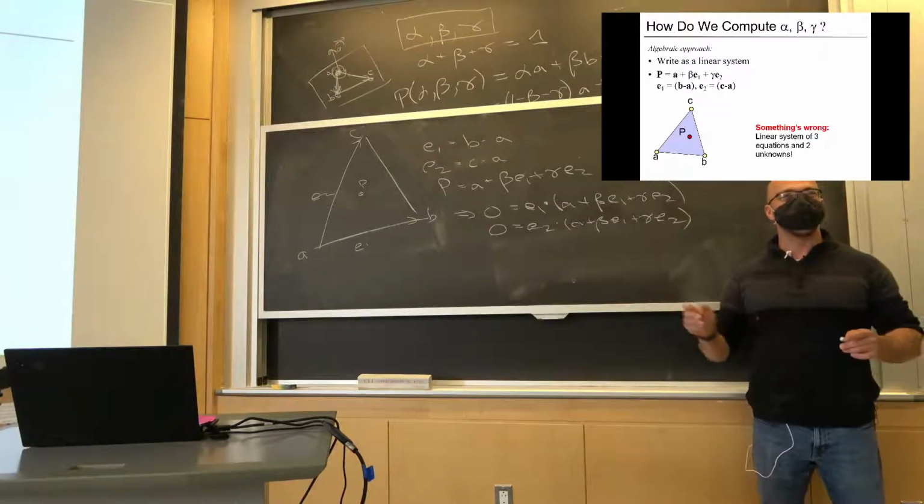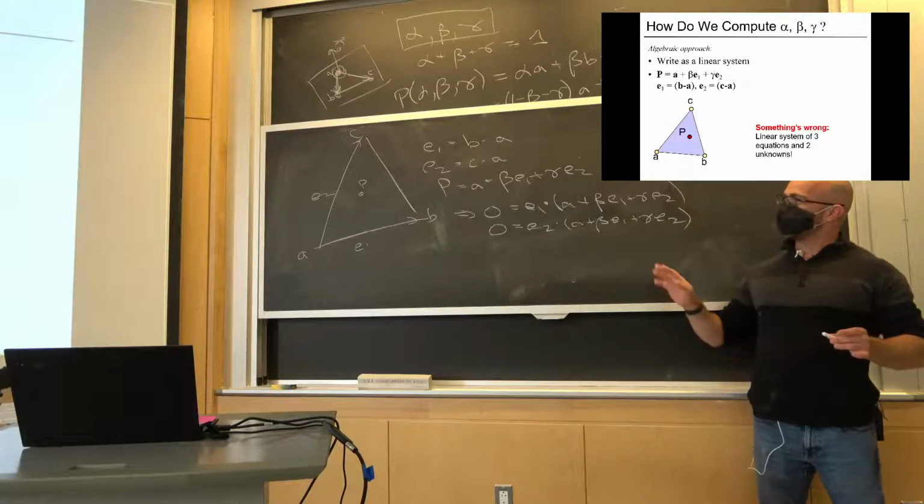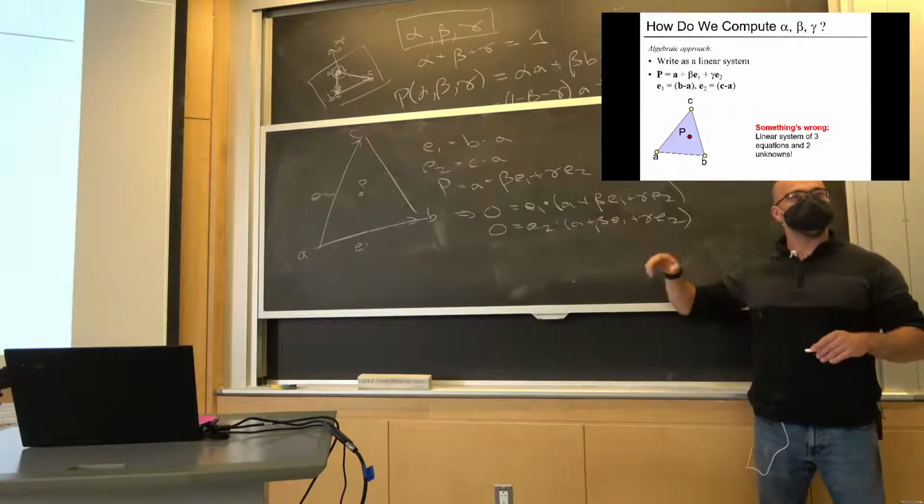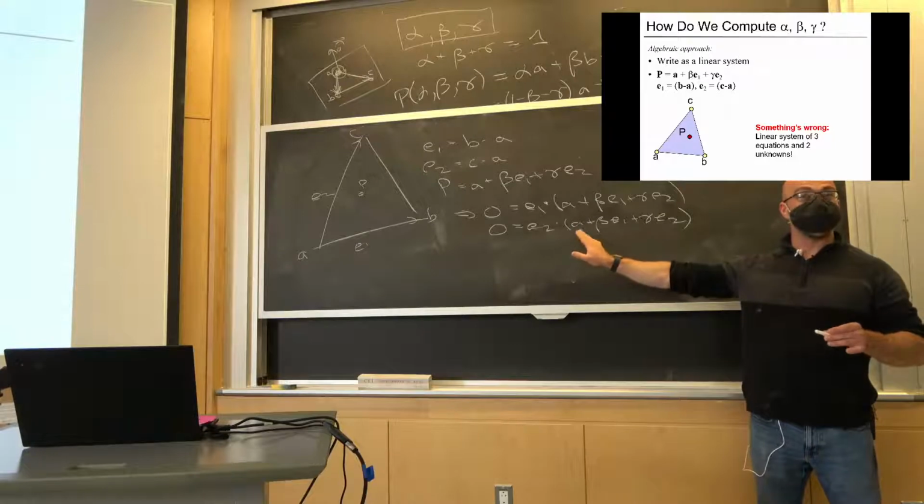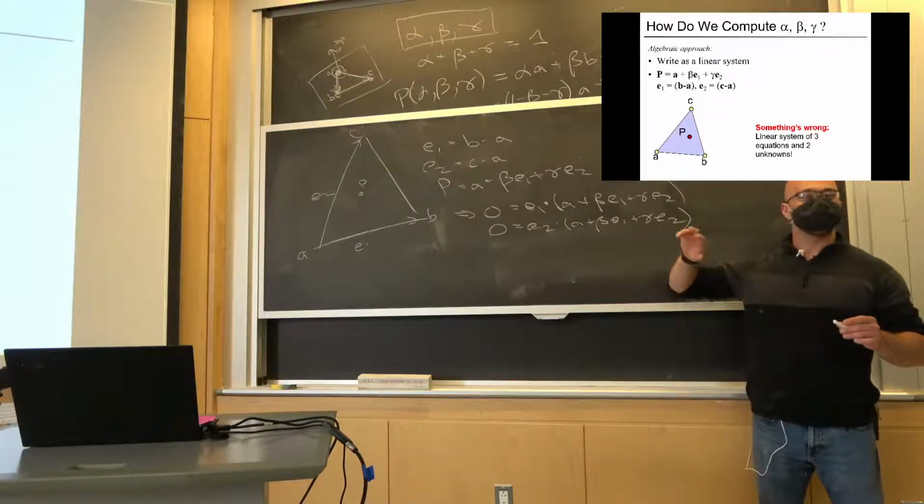That's fine. Our basic setup is you gave me P, and I'm trying to find the barycentric coordinates of P, assuming I'm inside the triangle somewhere. That make sense?